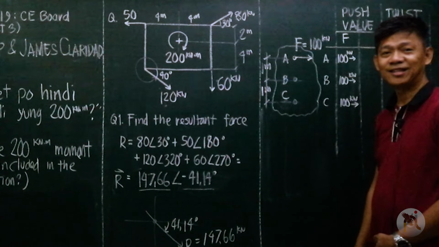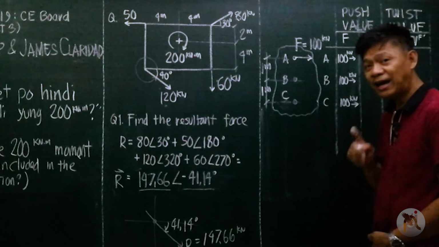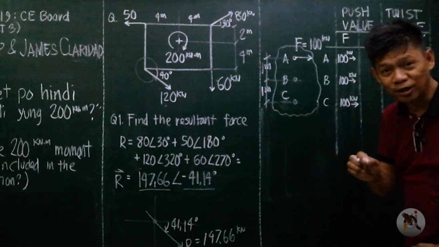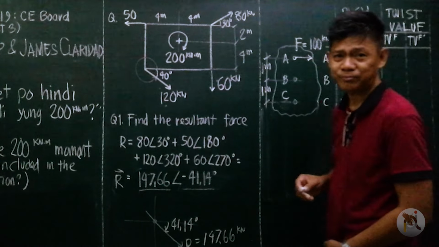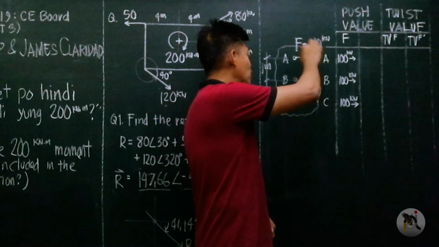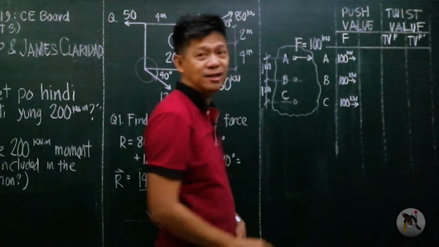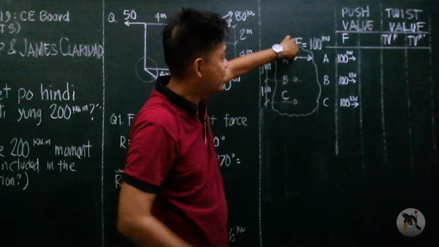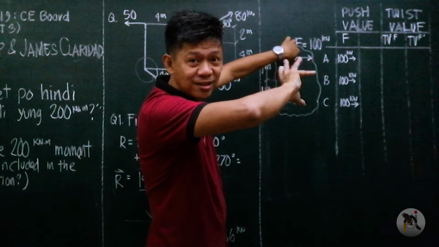You get it? Now, it has another value which I call the twist value. Now, this force, if you are applying it at A, imagine that there is a pin here where the object can rotate.